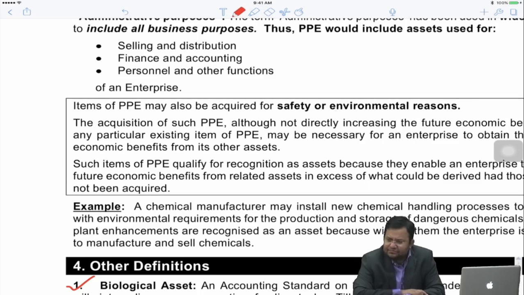I am ICAI. We have purchased paper of 30 crore rupees for the purpose of printing of study materials.